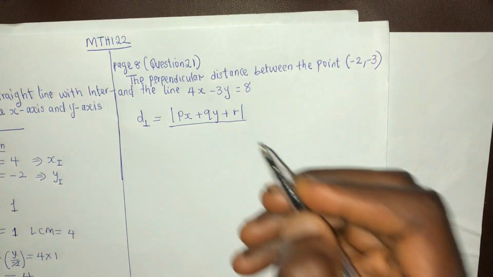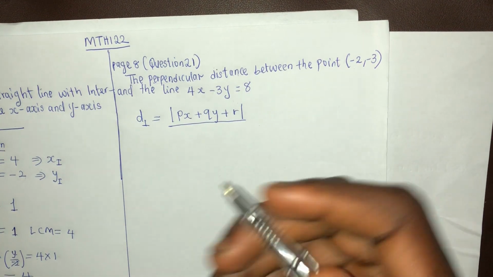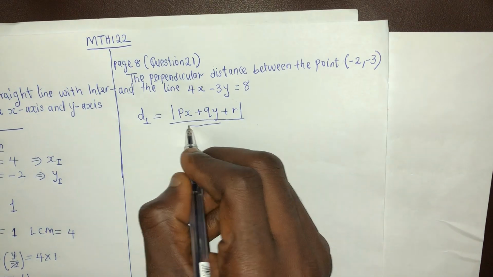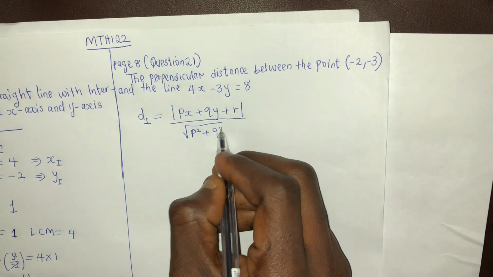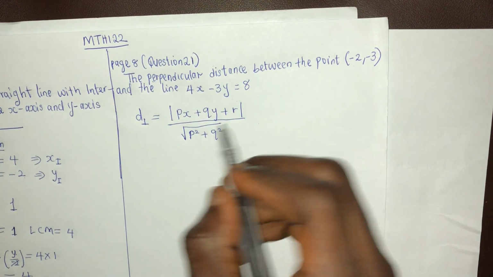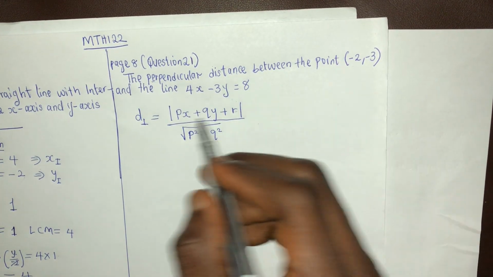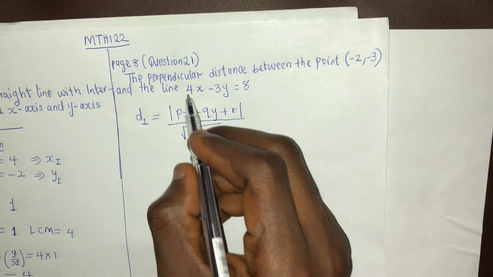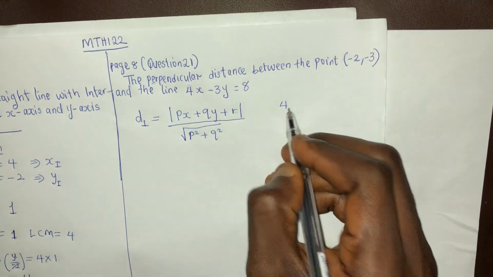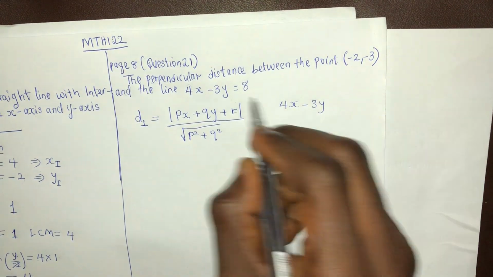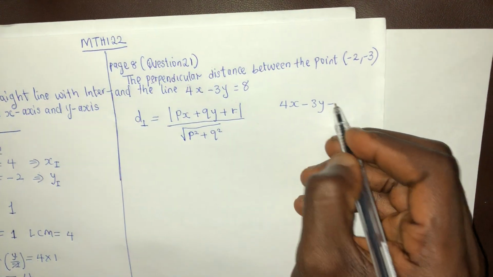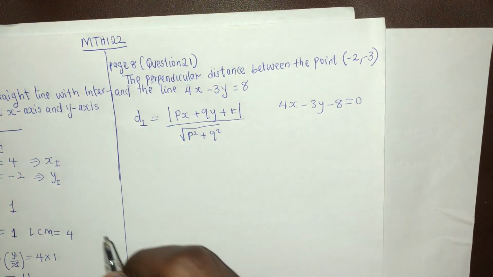In that video, I explained what all of these things represent. From this, we can see that they gave us an equation: 4x minus 3y equals 8. So let's bring this 8 here: 4x minus 3y minus 8 equals 0.